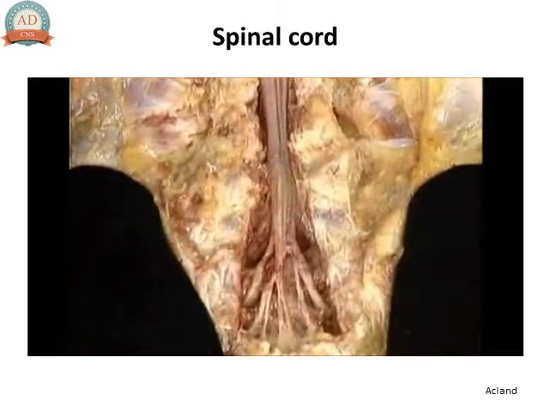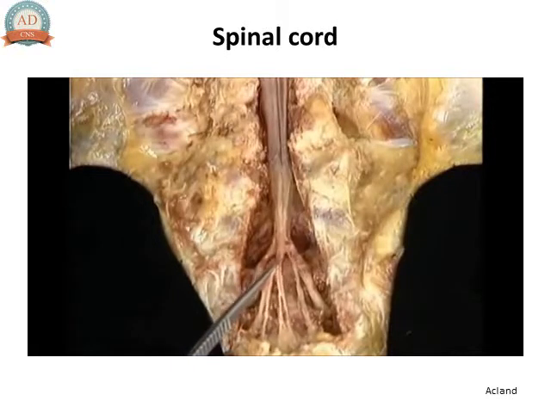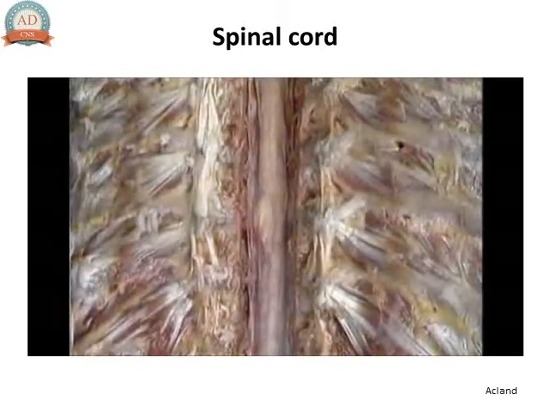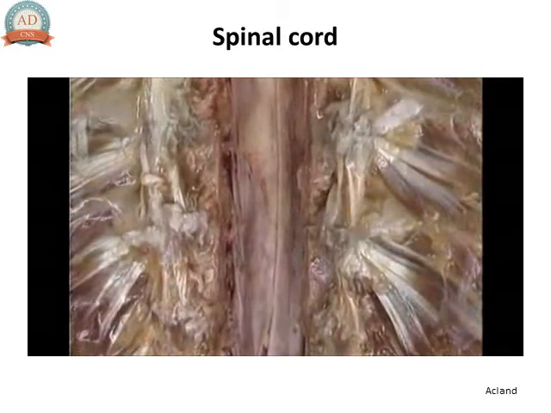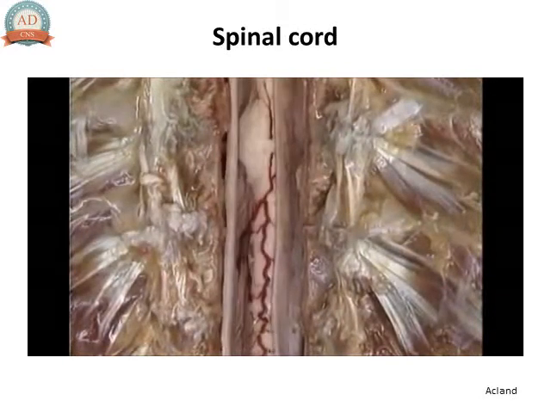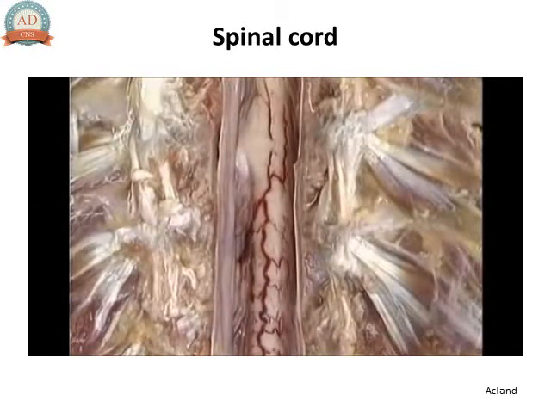At the bottom end, within the vertebral canal of the sacrum, the dural sac tapers down to a point at the level of the second sacral segment. To look at the spinal cord, we'll divide the dura in the midline and lay it aside.